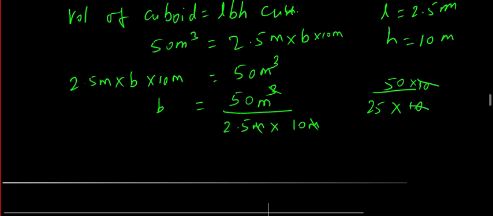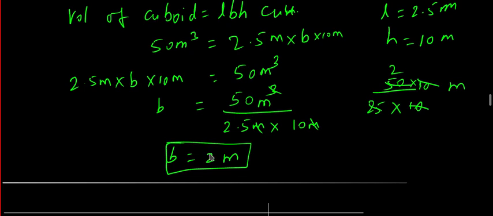So this 10 and this 10 will get cancelled. And this 25 and the 50, we know very well, will go 2 times. So 2. What is left over at last? 1 meter is left over. So B equal to 2 meters. So what is the breadth of the water tank? It is 2 meters. Breadth of the water tank is 2 meters.